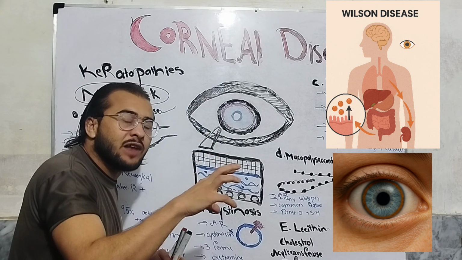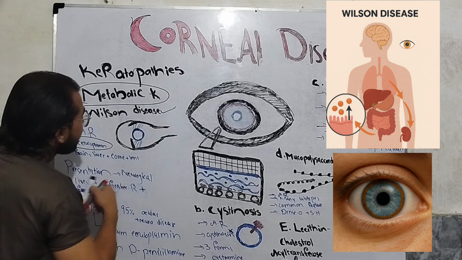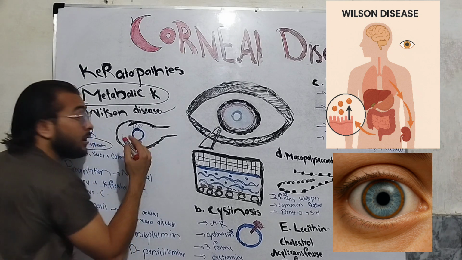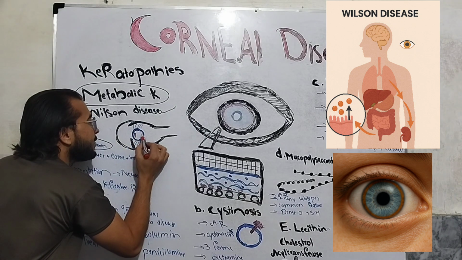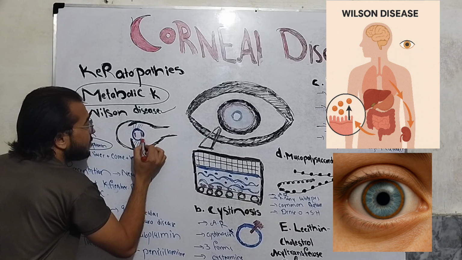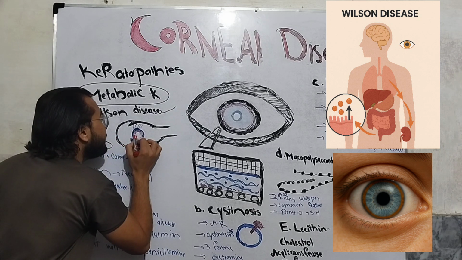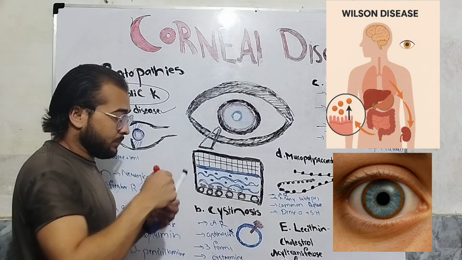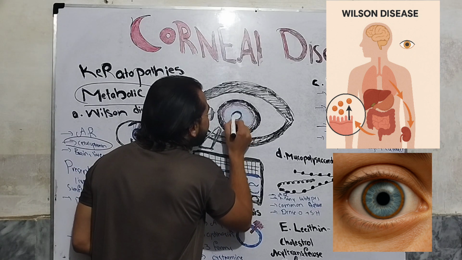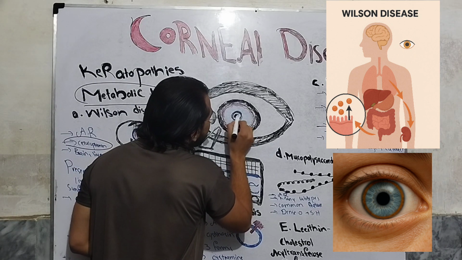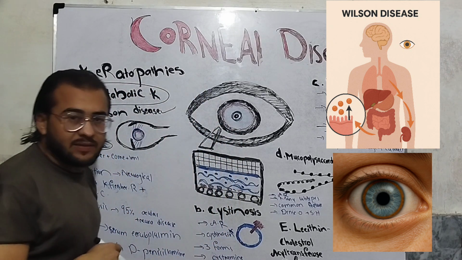There will be formation of opacities in the anterior subcapsular areas and the posterior subcapsular areas, and it will form the shape of a sunflower. So it is called sunflower cataract.